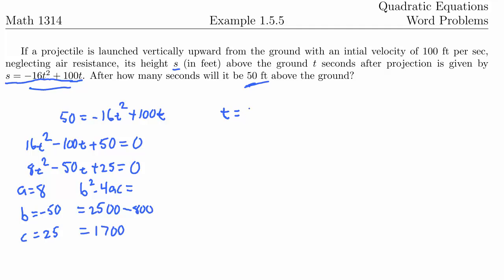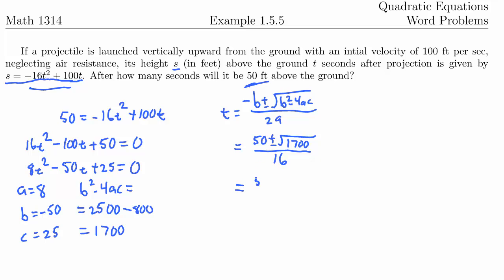Using the quadratic formula, t equals negative b plus or minus the square root of b squared minus 4ac, all over 2a. Negative b is positive 50, plus or minus the square root of b squared minus 4ac, which is 1700, all divided by 2 times a, which is 8, so that's 2 times 8, which is 16.